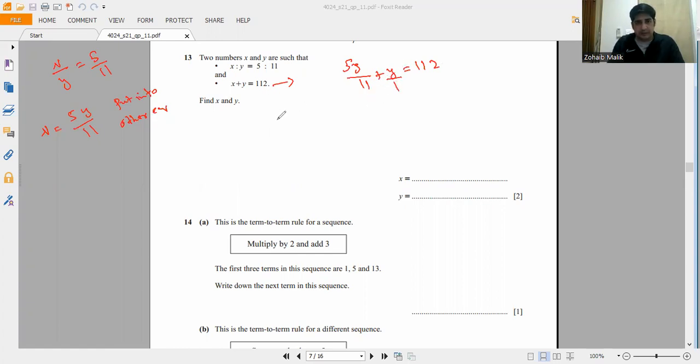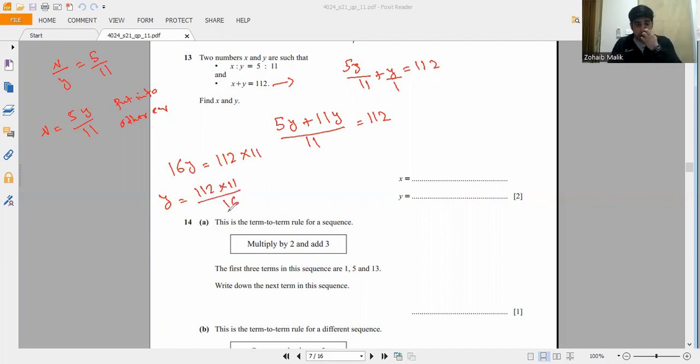LCM lena padega. So this would be 5y plus 11 into y is 11y over the product of the denominator, 11, is equal to 112. Now 5y plus 11y would be 16y is equal to 112 into 11. Now y is equal to 112 into 11 over 16.